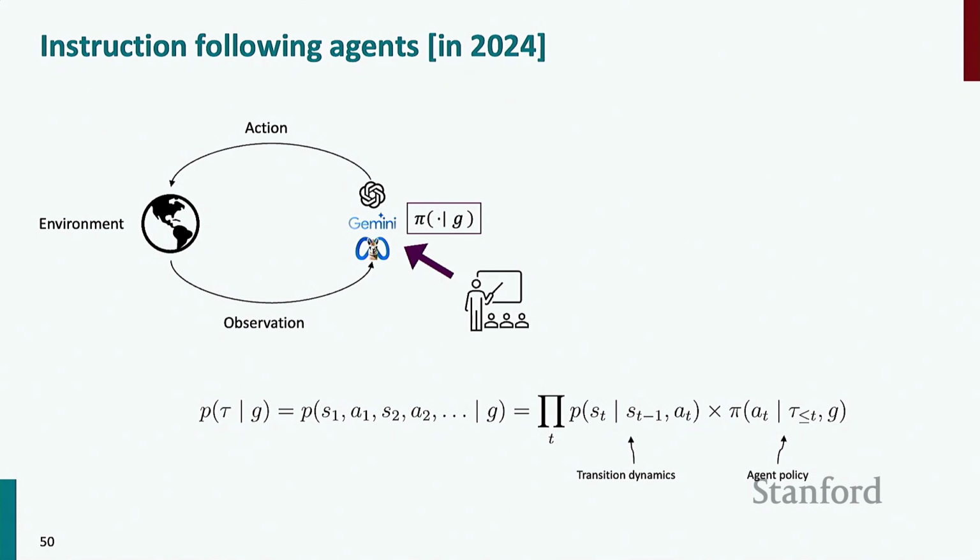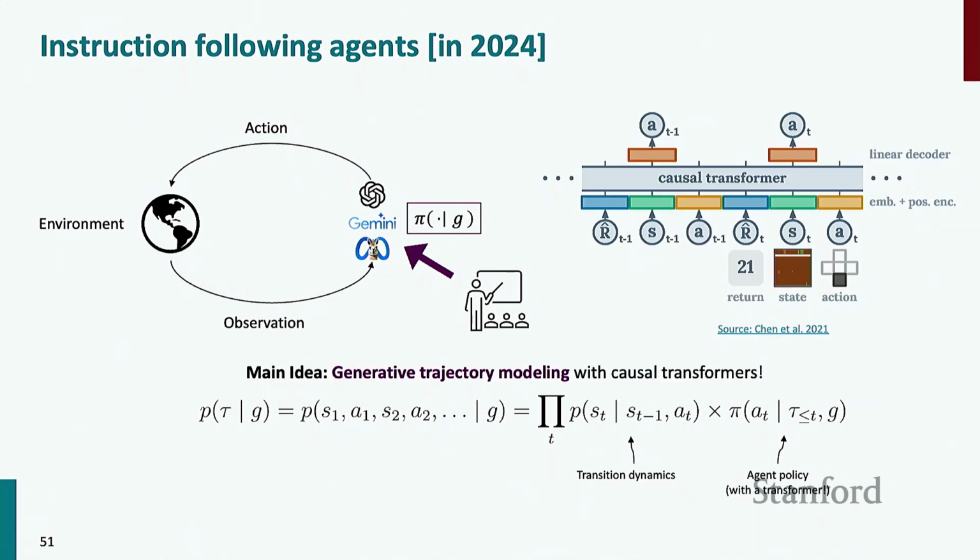And then people quickly realized that you could just treat this as a generative problem. So you could treat the problem of decision making in environments as a generative trajectory modeling problem.